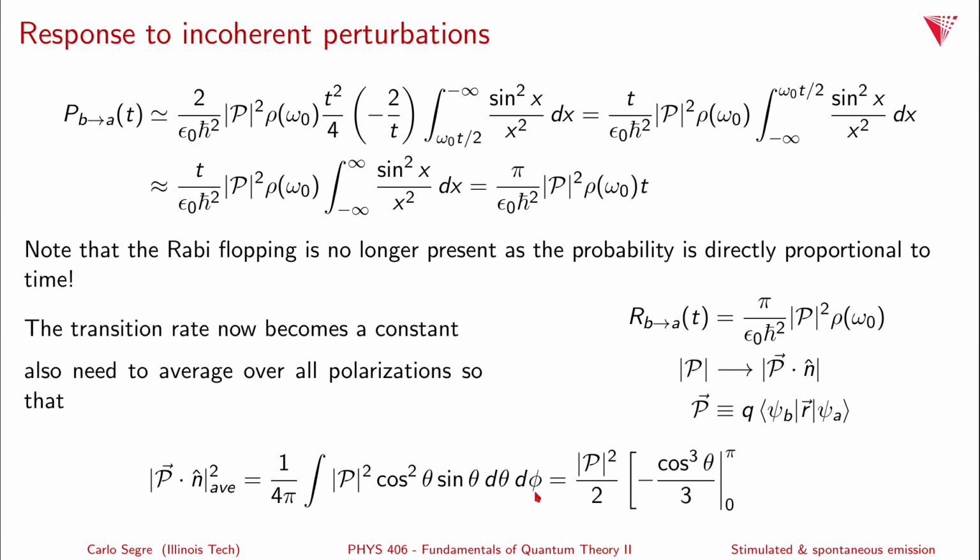When we do that integral, we get p squared over 2 times minus cosine cubed theta over 3 evaluated from 0 to pi. And when you do that all together, you get 1/3 times the absolute value of p, the polarization squared, is equal to the average polarization squared.